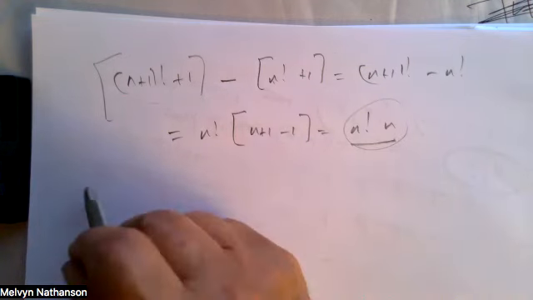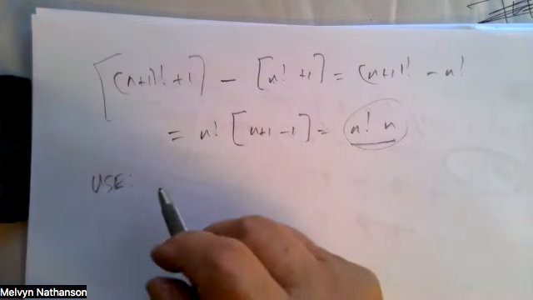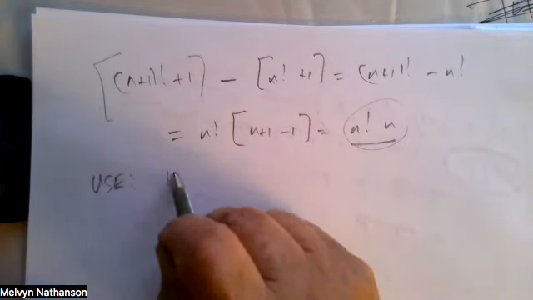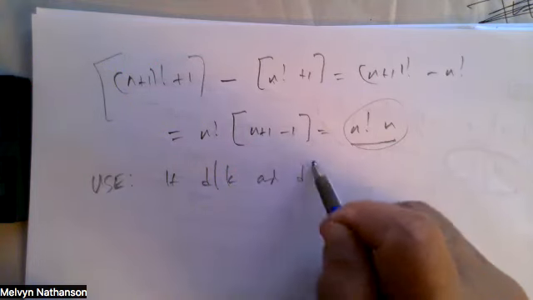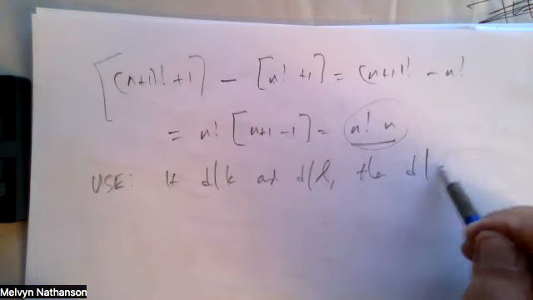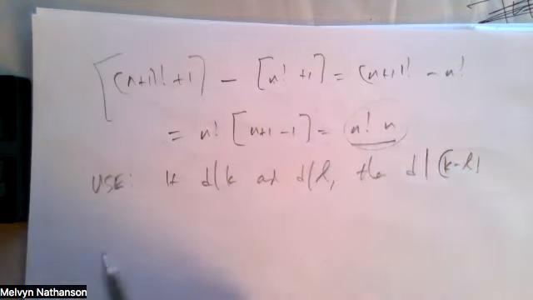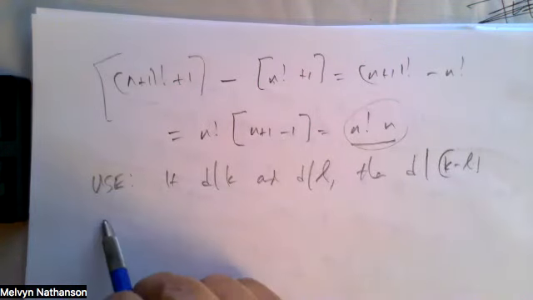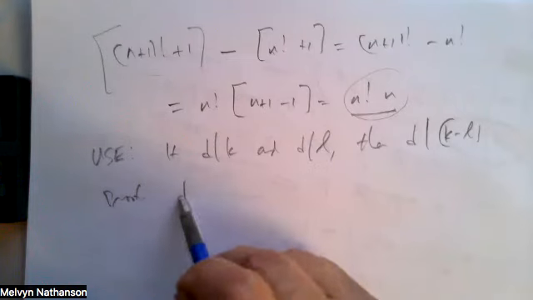And what we use in this proof is the following. We prove that if D divides K and D divides L, then D divides their sum and difference, say K minus L. The proof of this fact would be the following.